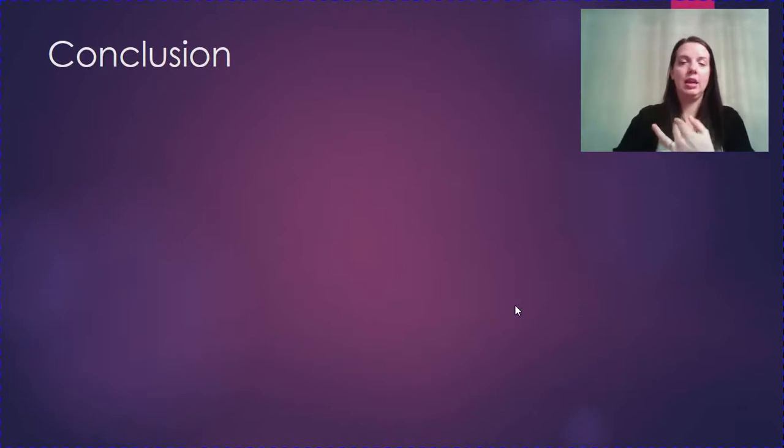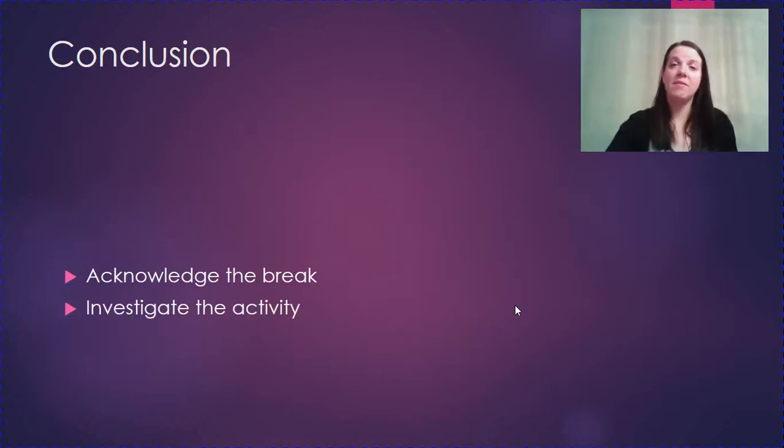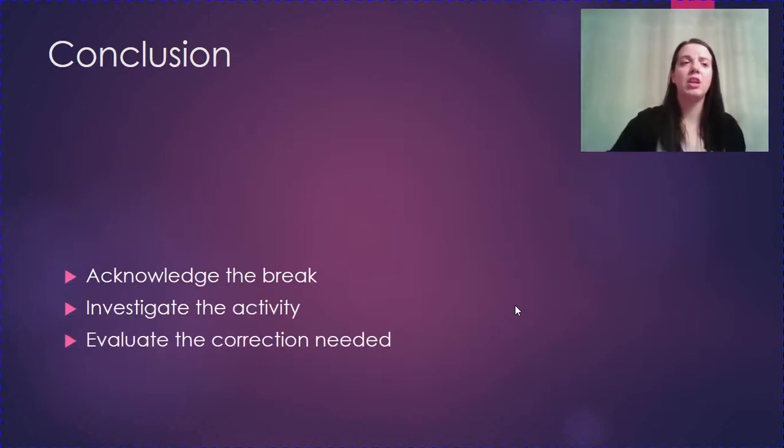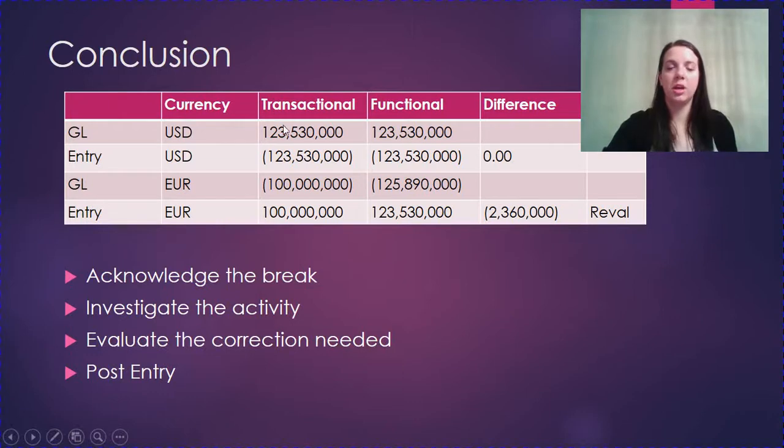So I've shown you how to acknowledge the break and make sure it's valid, investigate the manual postings and the rates, and then evaluate the correction needed and post the entry. In conclusion, our GL balance for US dollar is 123 million US dollar, and our entry was crediting that, so we have a difference of 0.